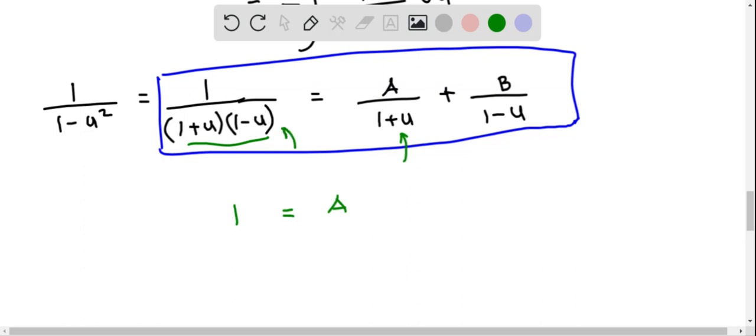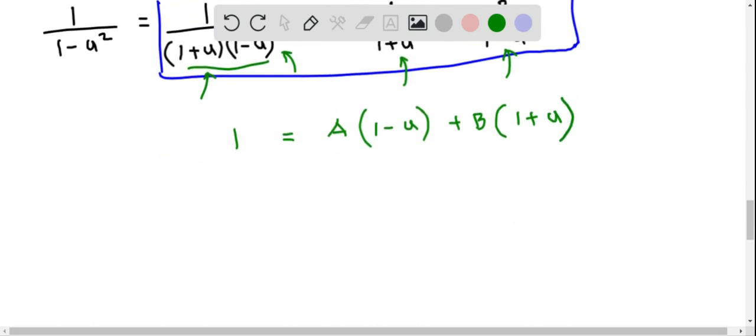When we compare this with the common denominator, 1 plus u times 1 minus u, we don't have the 1 minus u term. So A will get multiplied with that term only, plus B times, for the denominator of B we have 1 minus u, and for the least common denominator 1 plus u times 1 minus u, we don't have this 1 plus u, so B gets multiplied only with 1 plus u.